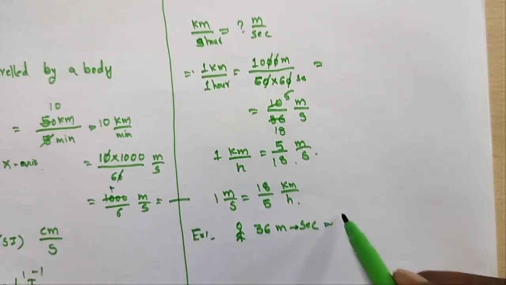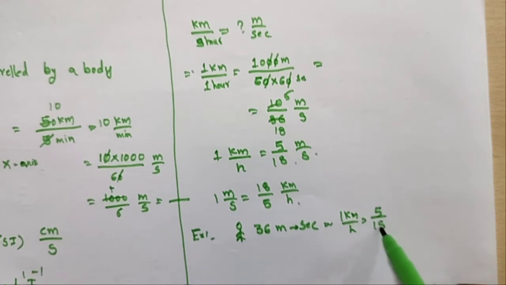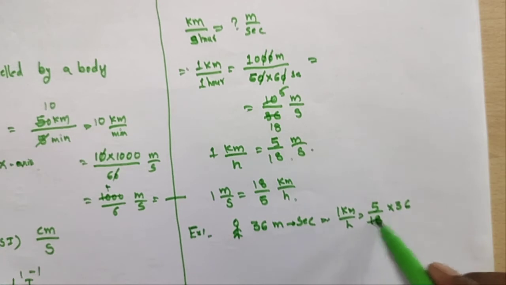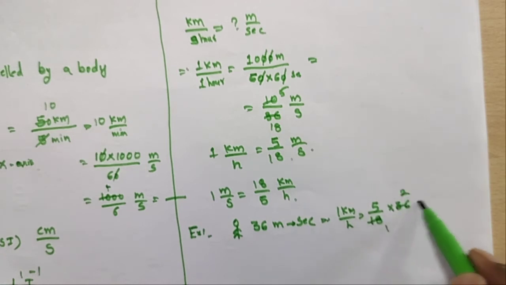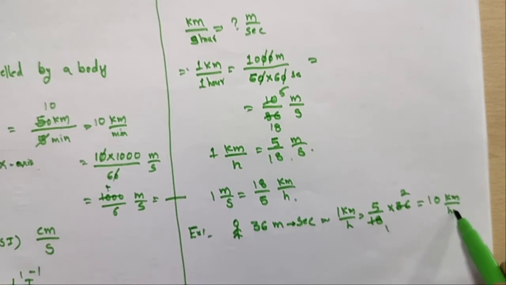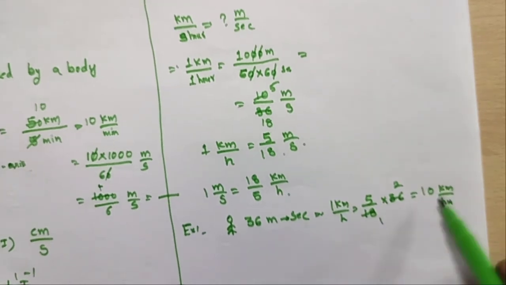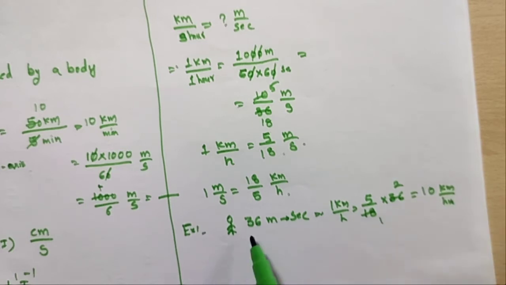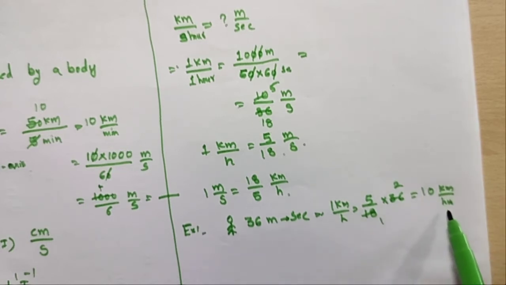That is 18 by 5 into 36. 5 ones are 5, 5 sixes are 30, so 18 by 5 into 36 gives 129.6 kilometer per hour. So in 1 hour, that is the distance they move. Sometimes questions will be given like this.